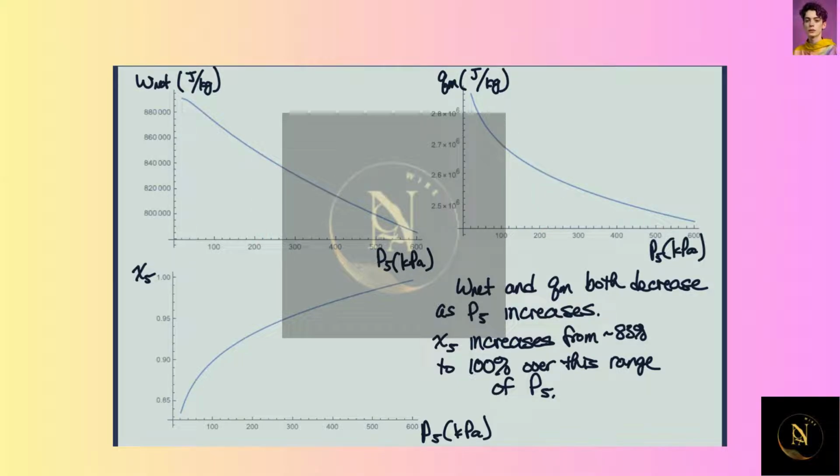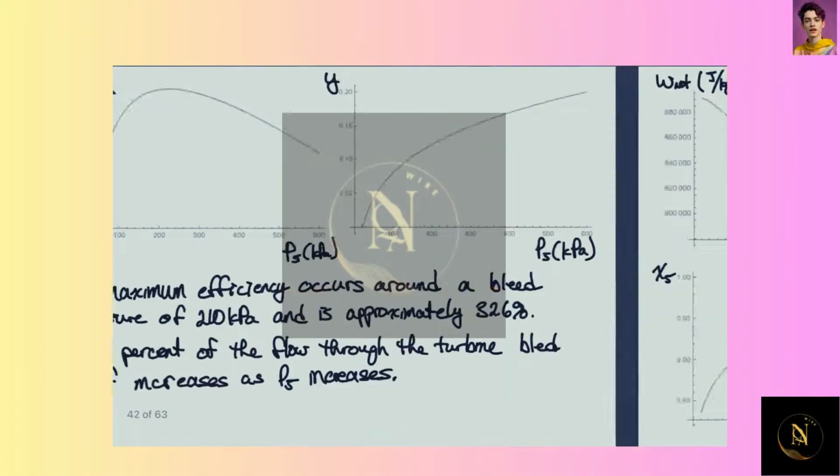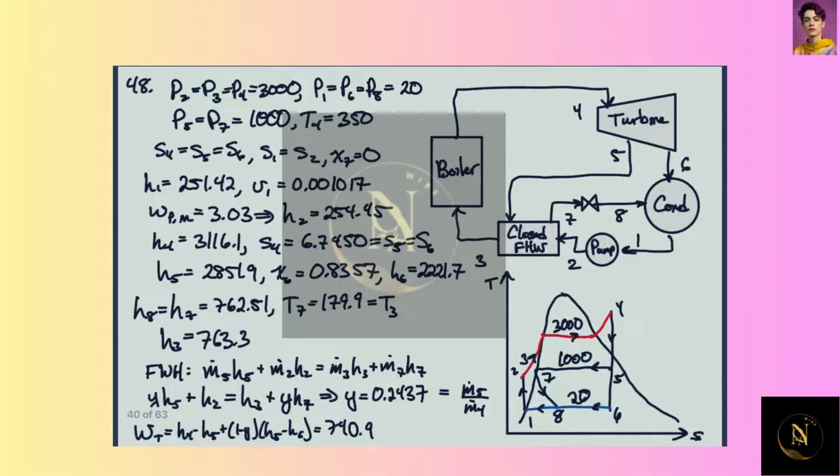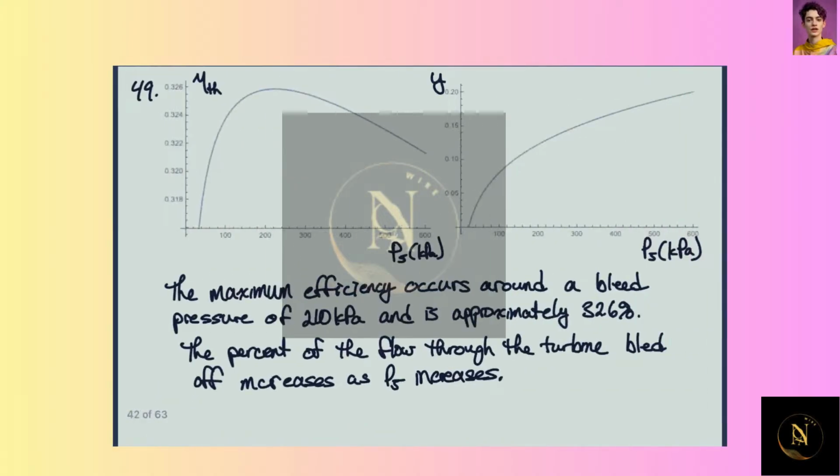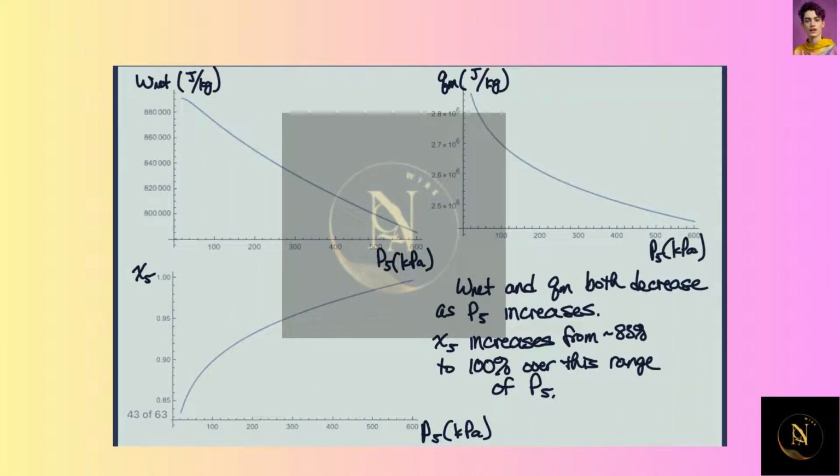I also looked at the quality factor, not at the exit, but at state 5, the quality factor at the bleed. So I went from basically here up to where it hit the boundary, and that boundary occurs very close to 600 kilopascals.